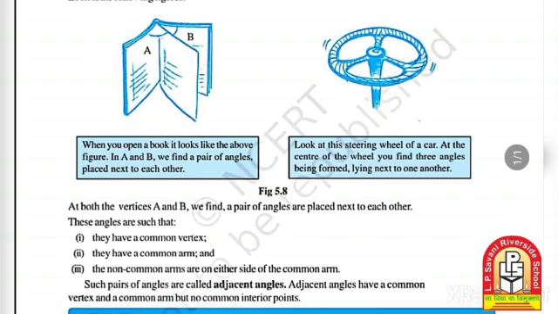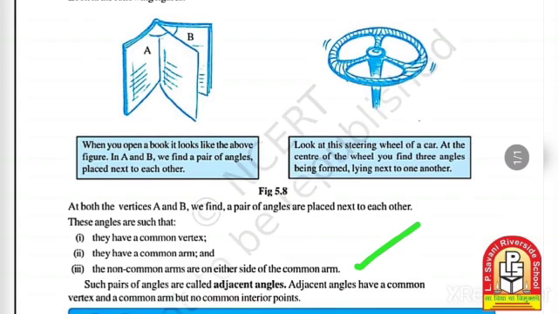And next, they have a common arm. So these two angles have a common arm, and the non-common arms are on either side of the common arm.